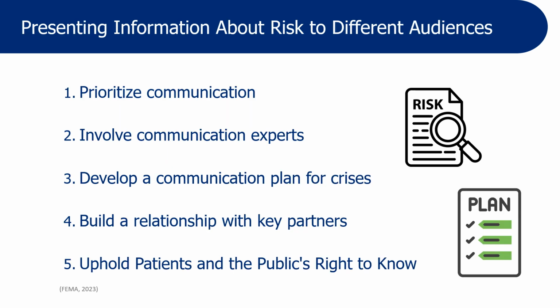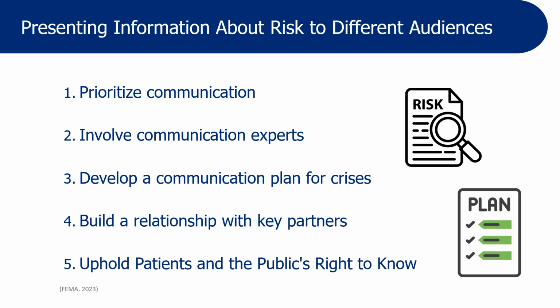Here are some ways nurses can effectively present information on risk to different audiences. Number 1. Prioritize communication. Nurses should prioritize communication as part of the initial decision-making process in a crisis, not just after decisions are made. Number 2. Involve communication experts during the development of crisis communication plans.